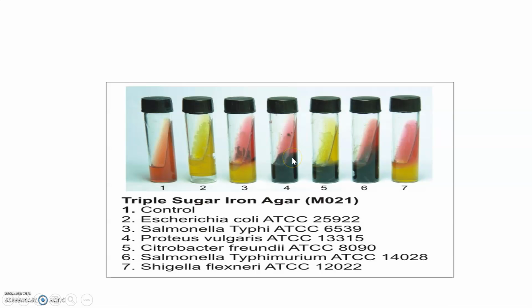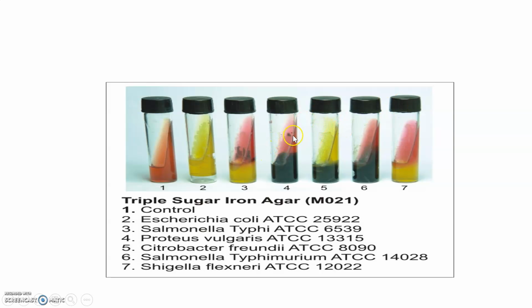Next, the fourth one is Proteus vulgaris, which shows alkaline slant and also acid butt. The yellow color of the acid is not seen. Why? Because of the hydrogen sulfide production. Here it is yellow in color, but it is not seen because of the hydrogen sulfide production, which takes place in the acidic environment.